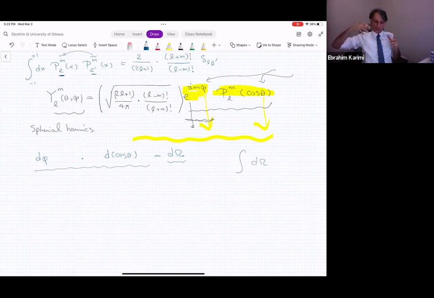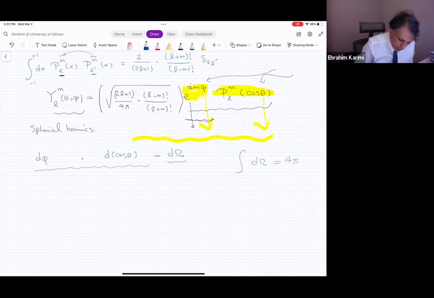So the integral of d phi d cosine of theta, when theta is changing from 0 to pi, and phi is changing from 0 to 2 pi, that should be 4 pi. Right? This is how you see a sphere. The entire sphere is 4 pi steradians. Okay? Is that clear, guys?